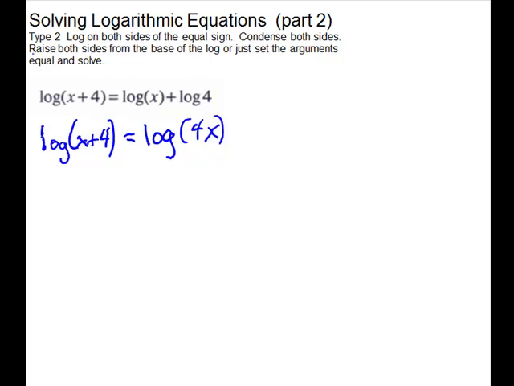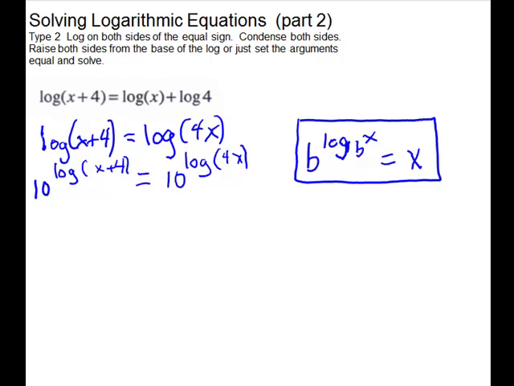So if you go with the first way I said there, and this is the way I was taught, your base here is 10. You can raise both sides from the power of that base. This is the property that we're using here.